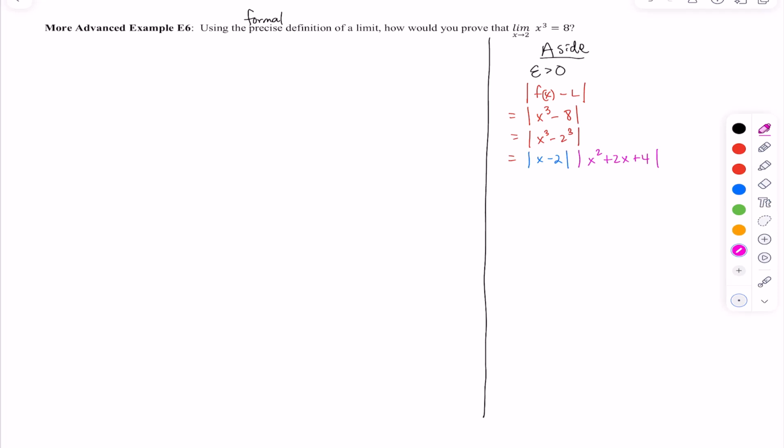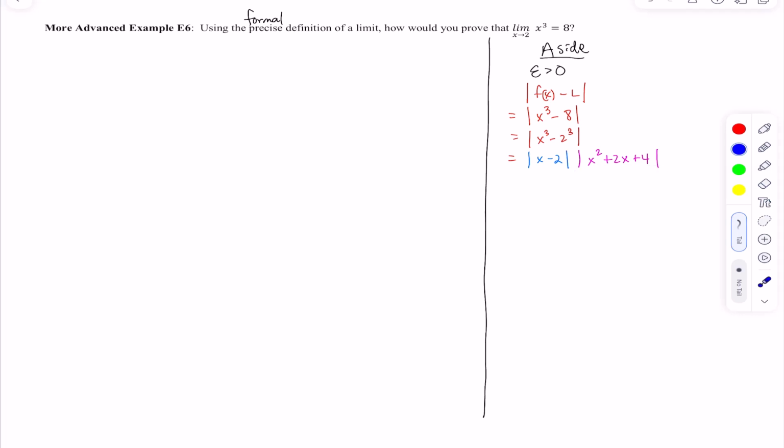Now, it would be nice to make sure this is relatively small. If the absolute value of x minus 2 is relatively small, we could see that this other number might actually stay positive, and we could keep it to be some kind of positive number.